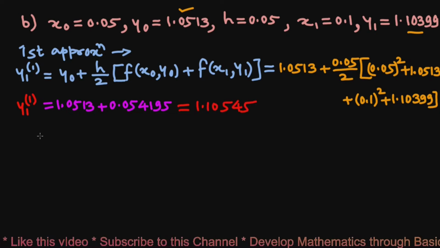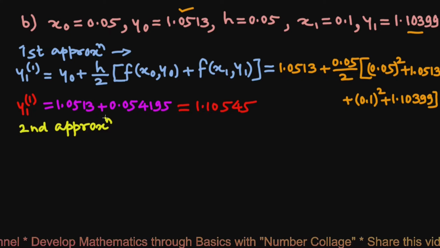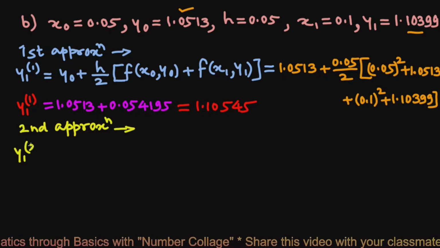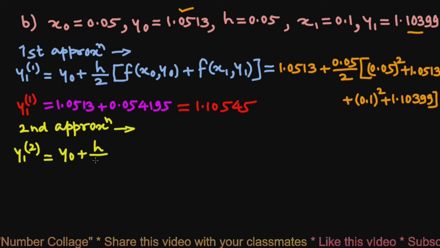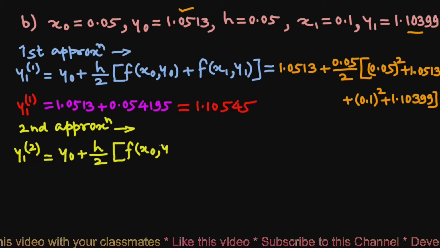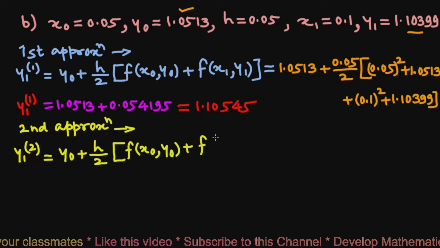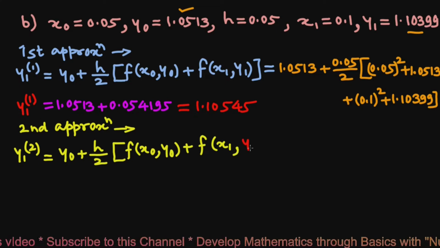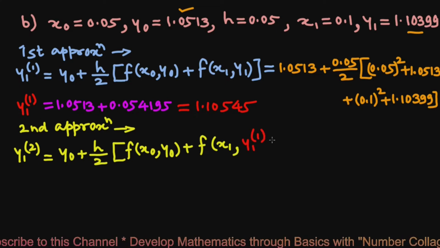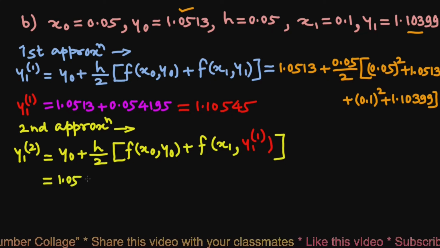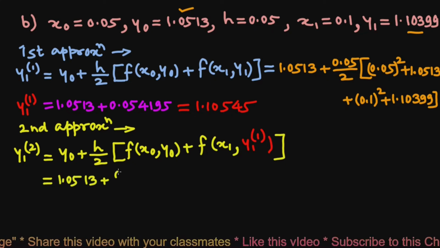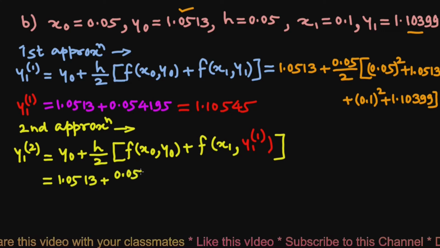that gives y1 of 1 as 1.10545. Now we will find second approximation, that will be y1 of 2, that is y0 plus h by 2 f of x0 comma y0 plus f of x1, and here first approximation of y1, so that will be 1.0513 plus 0.05 upon 2.